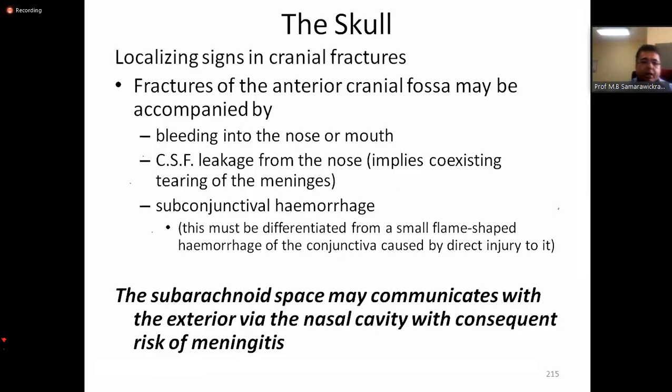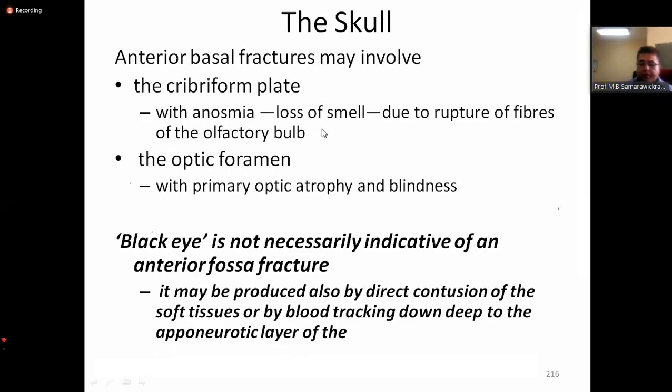And subconjunctival hemorrhage can result because you know the roof of your eyes is the floor of the anterior cranial fossa. So when the floor is fractured, the blood can enter into the orbital cavity. So the subarachnoid space may communicate with the exterior via the nasal cavity with consequent risk of meningitis. So if there is a CSF leakage, an anterior cranial fossa fracture can lead to meningitis.